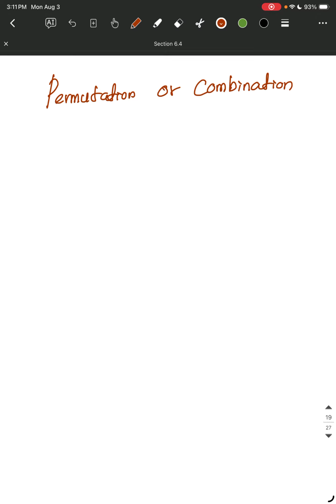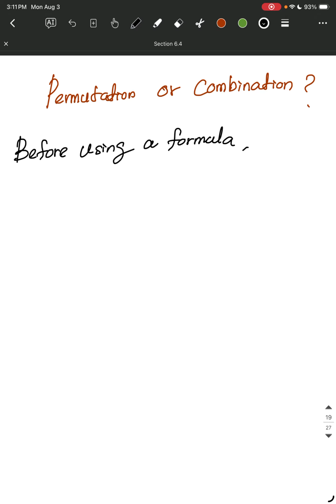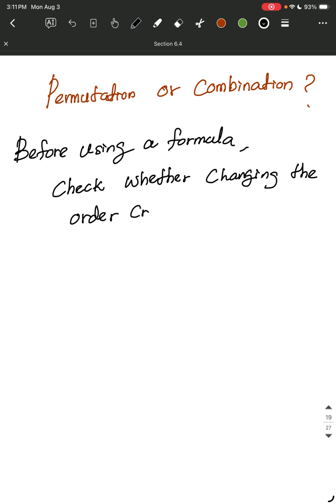First, before using a formula, check whether changing the order creates a new outcome or not.